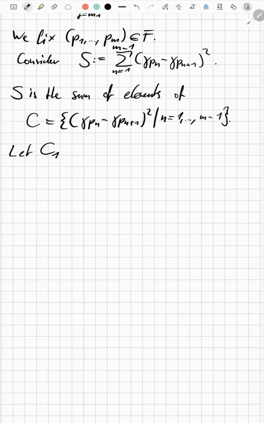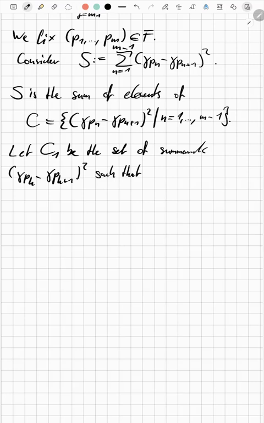We let C1 be the set of elements of C, so the set of summands gamma pk minus gamma pk plus 1 squared, such that pk and pk plus 1 belong to the same block uj.